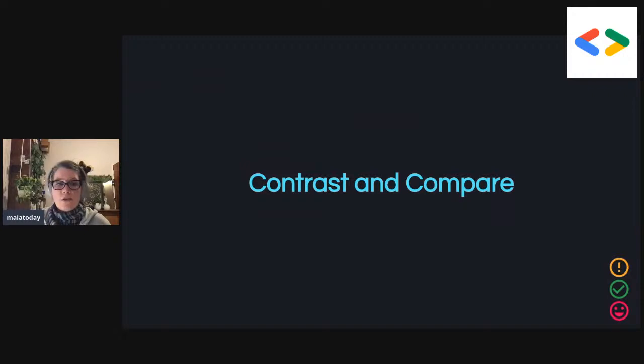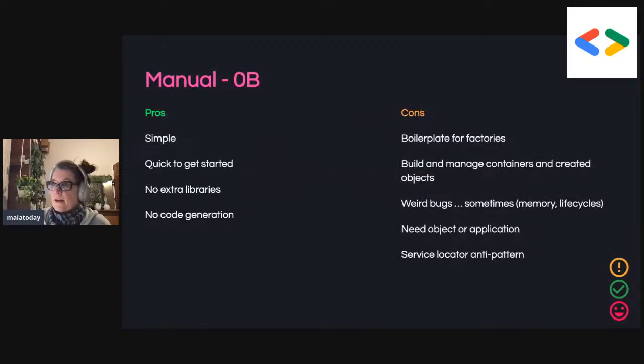Okay, so now contrast and compare. So the manual method, it's 0 bytes big, except for your own code. It's simple. You can get started quickly. You don't need any extra libraries. There's no code generation. The cons, however, are that you have the boilerplate for the factories, which you repeat all of your code, potentially.